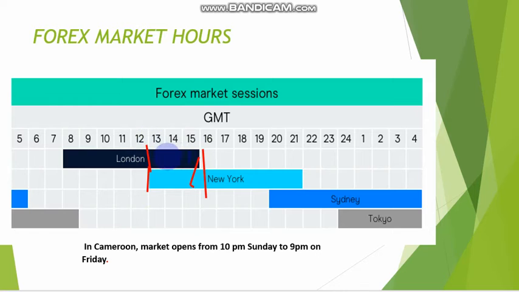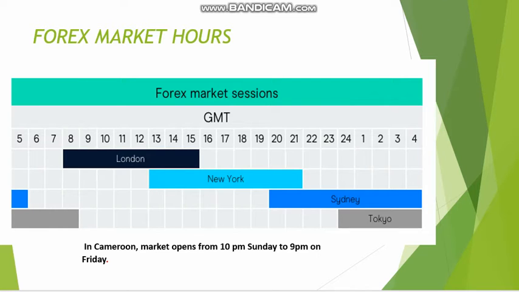If you can remember what time is GMT plus 1, you can say from 1:30 to 4:30. So this is the best time to trade, 1:30 to 4:30. The market is very volatile, and you can make a lot of money in a short period of time.